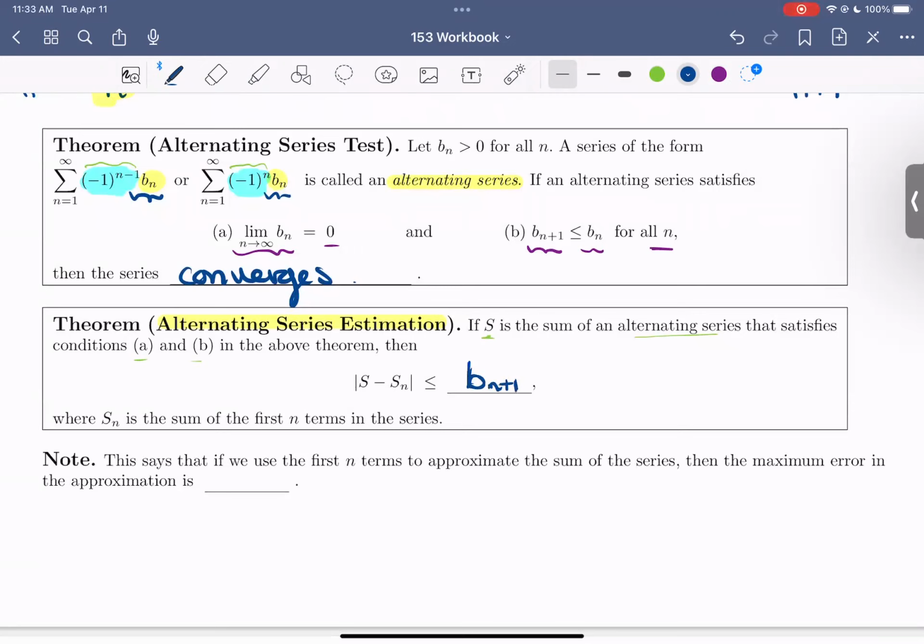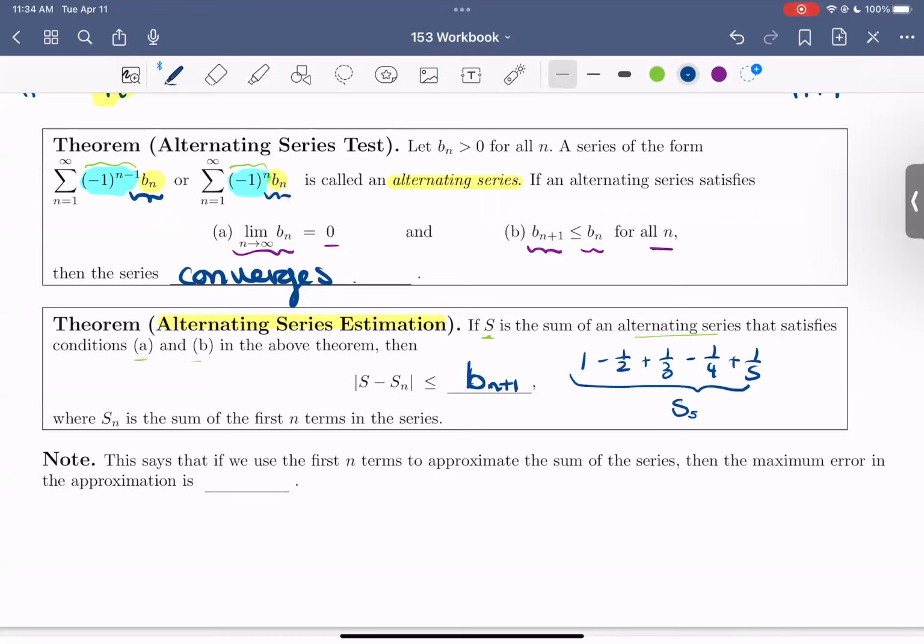So I'll explain what that means in the context of our example 1. If we look at the first 5 terms in our series, 1 minus 1/2 plus 1/3 minus 1/4 plus 1/5, and let's say we just stop there and add up these numbers, that's going to be our S sub 5.